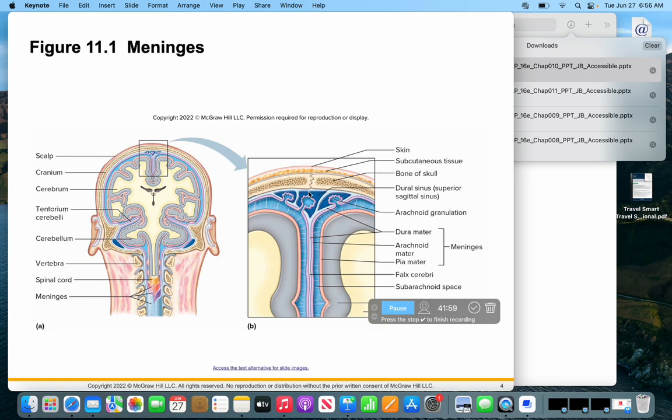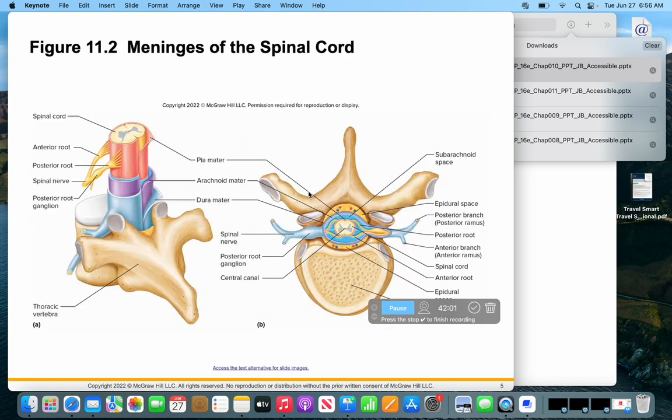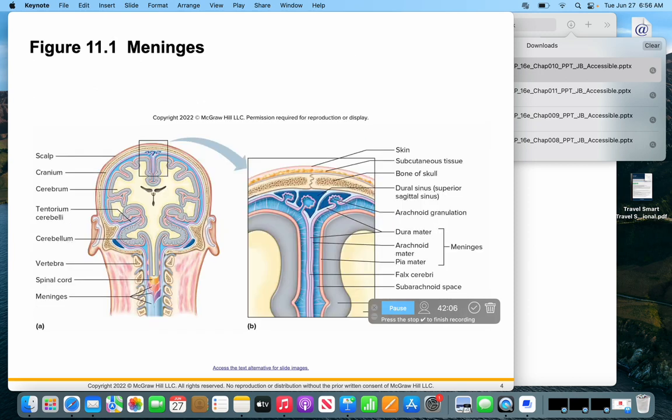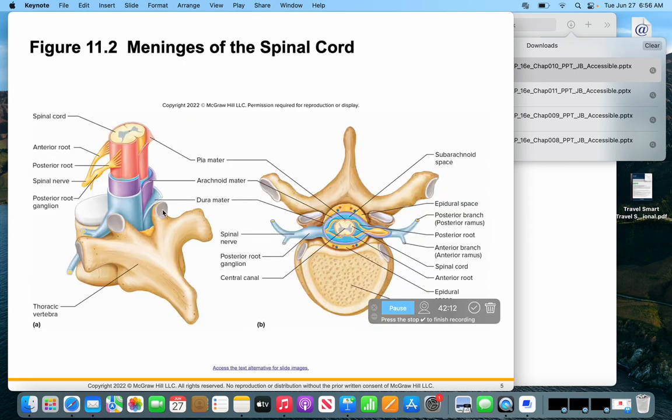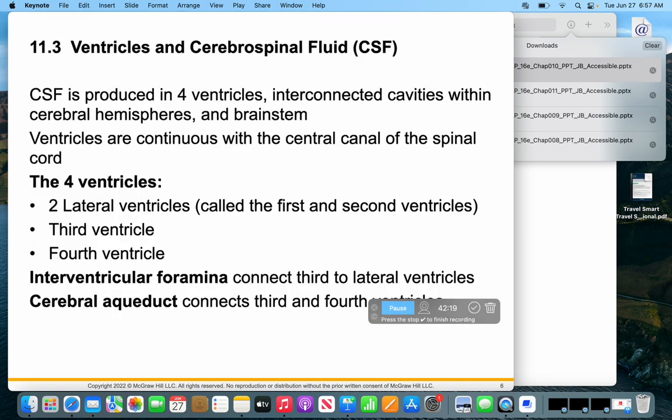Here's a suture. And so we also looked at the meninges of the spinal cord, and we made a note that the gray matter is on the outside of the brain with white matter on the inside, where in the spinal cord, the gray matter's on the inside and the white matter's on the outside, so they flip.